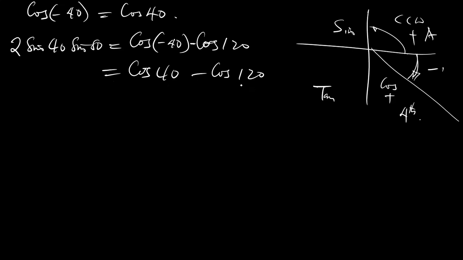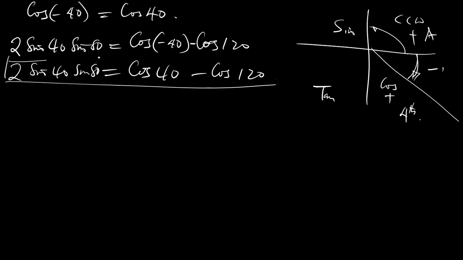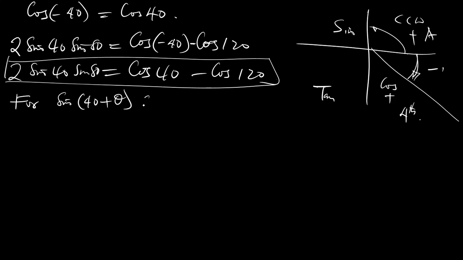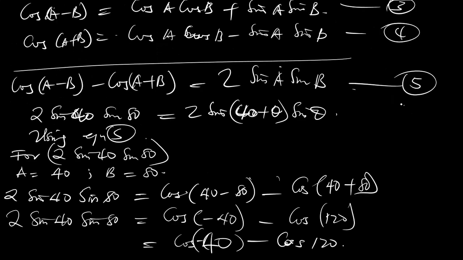Now for 2 sine (40 plus theta) sine theta, A is equal to 40 plus theta, while B is equal to theta. So plug it into equation 5.